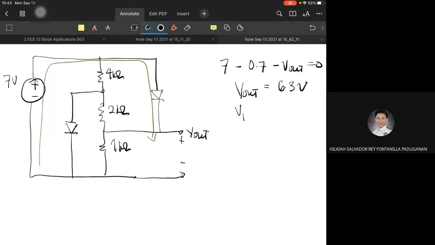So R1, let's suppose R1, R2, R3 lang gyapon eh. So VR3 is equal to V out. Okay, parallel man si V out si R3, which is also equal to 6.3. So based on na, makuha na to ang current R3. 6.3 divided by 1K, 6.3 milliamperes.